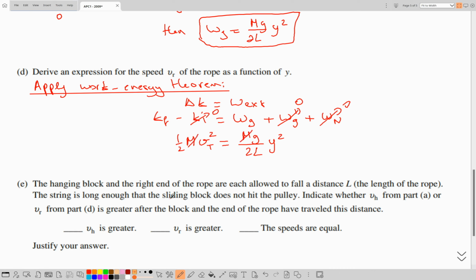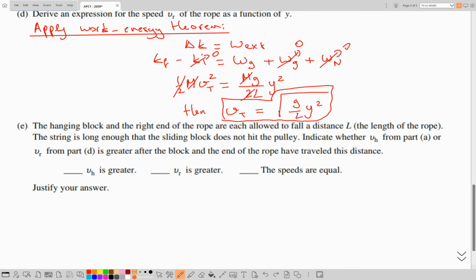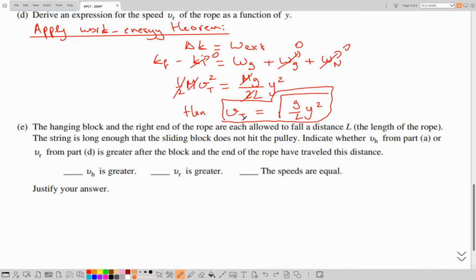Now m with m would cancel, and half with half would cancel. Then Vt would be given by the square root of g divided by l multiplied by y square. So basically, what does this expression give us? It is a function of y. Whenever we know the value of y, we can determine the final speed of the hanging part.